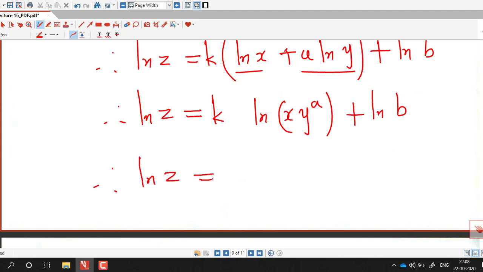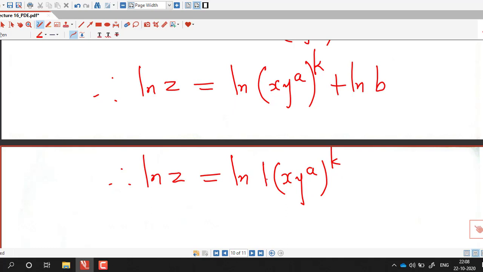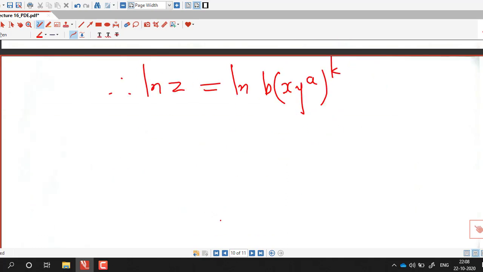Again we can take this k in the power of this, x into y raised to a to the power k, plus log b. So therefore log z is log of x into y raised to k into b, and because log is a one-one function, we can write this as z equal to b times x raised to k into y raised to k into a.